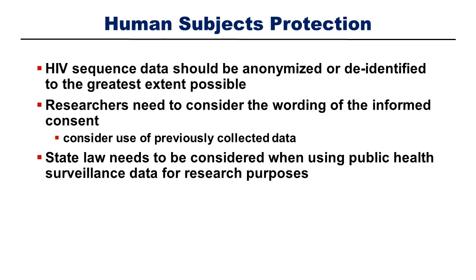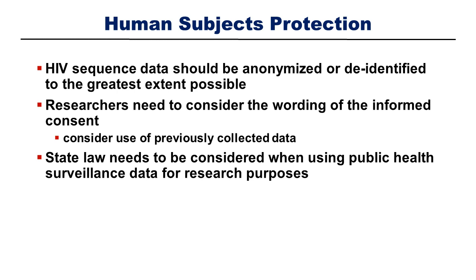Let's talk about the importance of human subjects protection. So there are specific actions that could be taken. If you have a DNA sequence data set like the 052, it could be completely de-identified and anonymized, so all you know are the sequences.